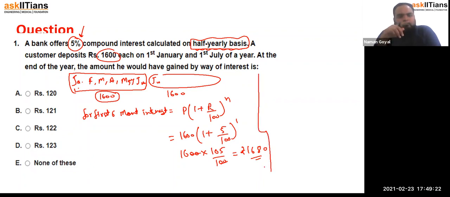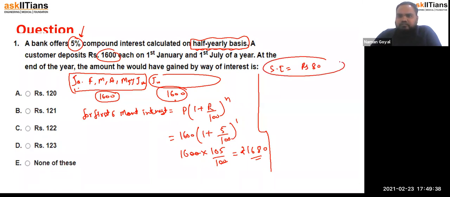Now after 6 months, you invest 1600 more. So for this 1600, see, first interest is rupees 80. Now for this 6 months, you invest 1600 more, so the second interest you got is rupees 80 more.